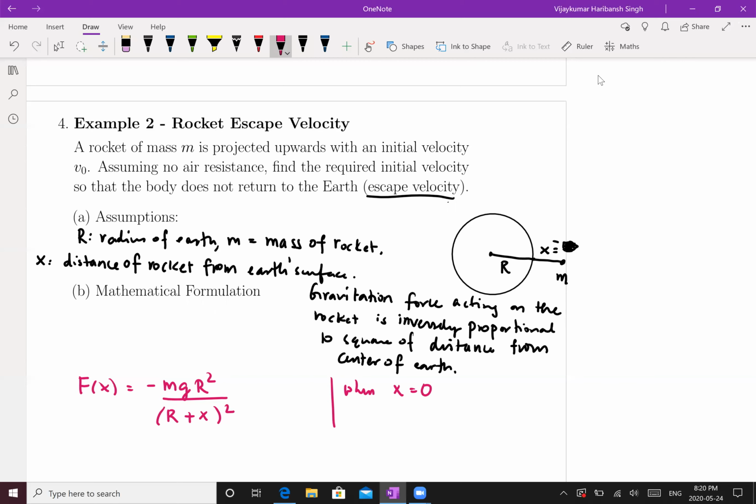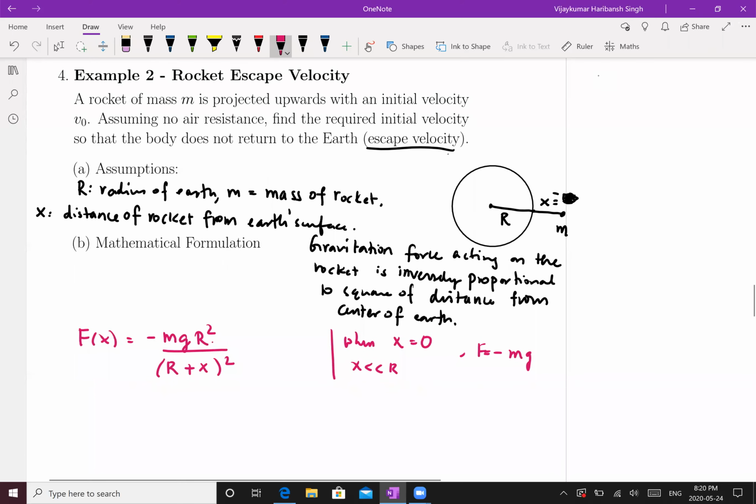And when x is very small compared to r, this reduces down to f equals minus mg, because if x is really very small compared to r, you can think of r square by r plus x square roughly as 1.